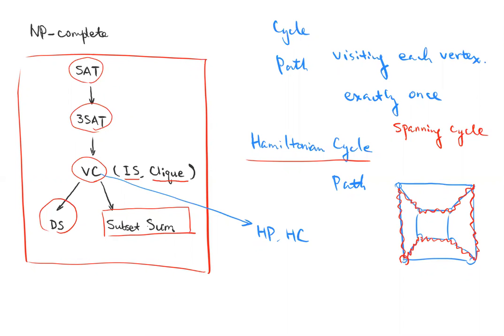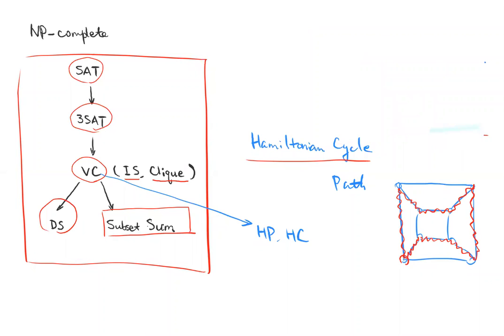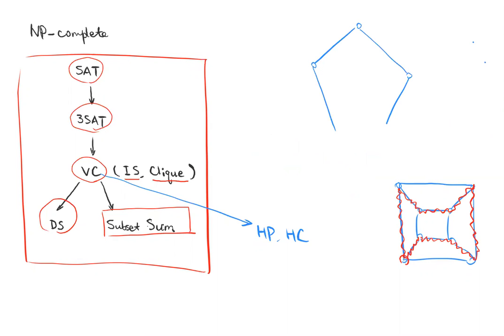I'll give you an example where it does not have a Hamiltonian cycle, but it has a Hamiltonian path. It's the famous Petersen graph. This graph does not have a Hamiltonian cycle, but it does have a Hamiltonian path.